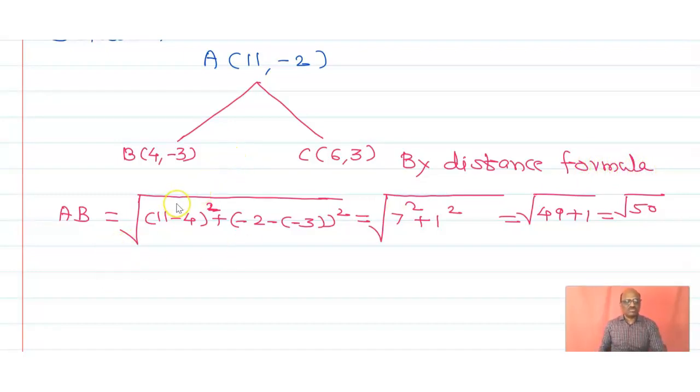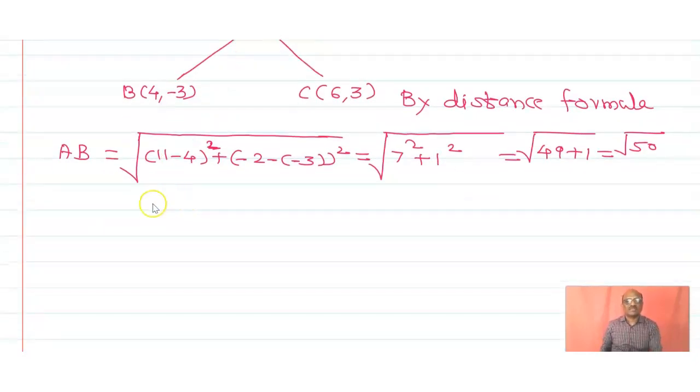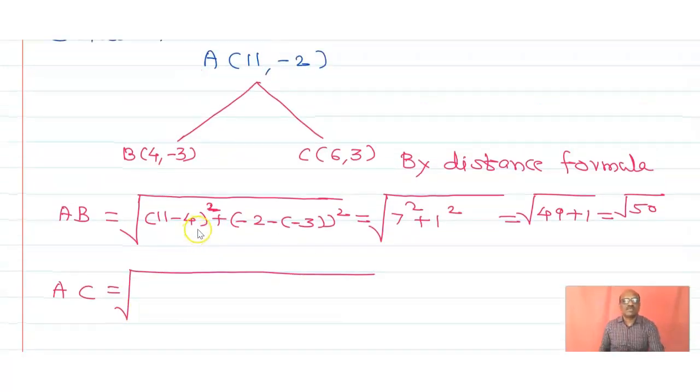Every time x1 y1 x2 y2, now there are 3 points, even if we don't write it, it is fine. Next, distance AC. Okay, distance AC is equal to again root of the coordinate, that is again (11 minus 6) bracket square plus (minus 2 minus 3) bracket square. You can do this.